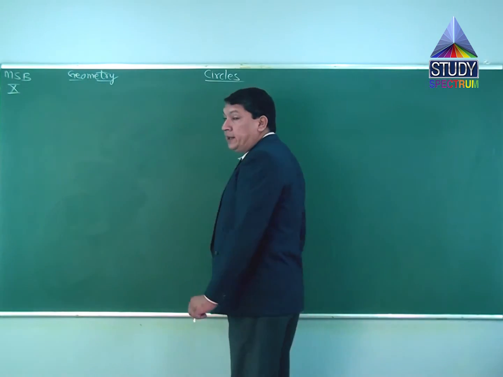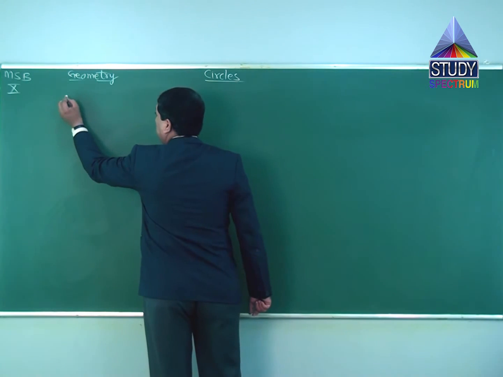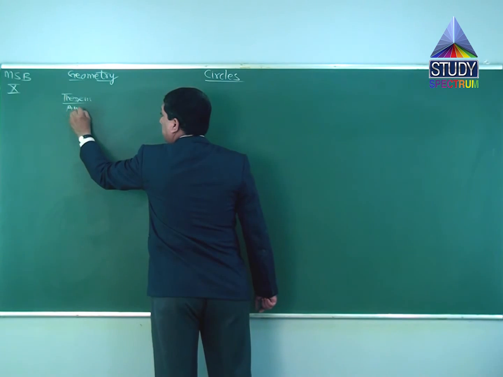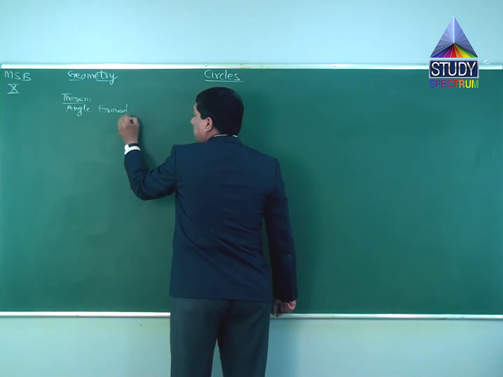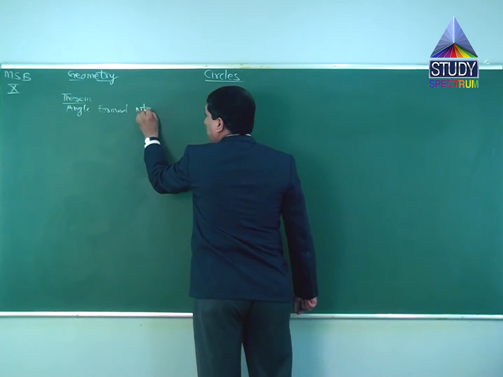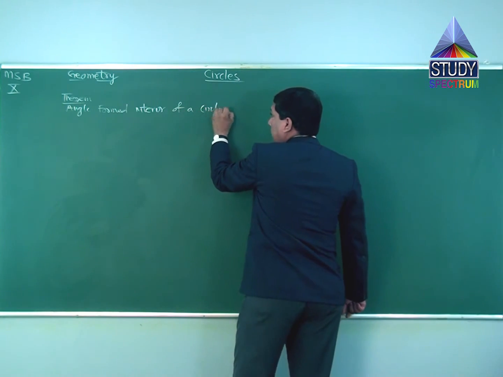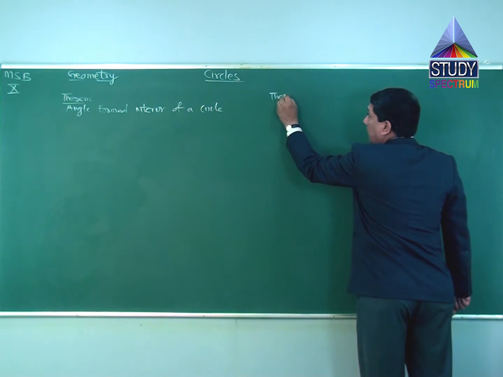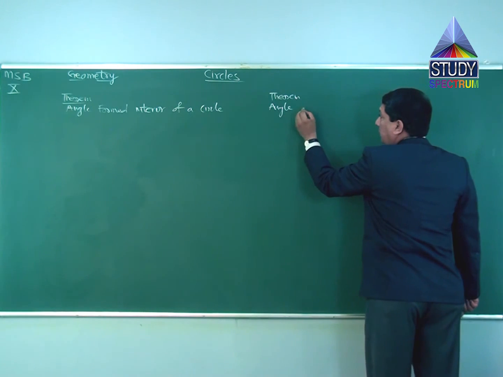Angles formed interior of a circle, angles formed exterior of a circle. And the next would be angle formed exterior of a circle.